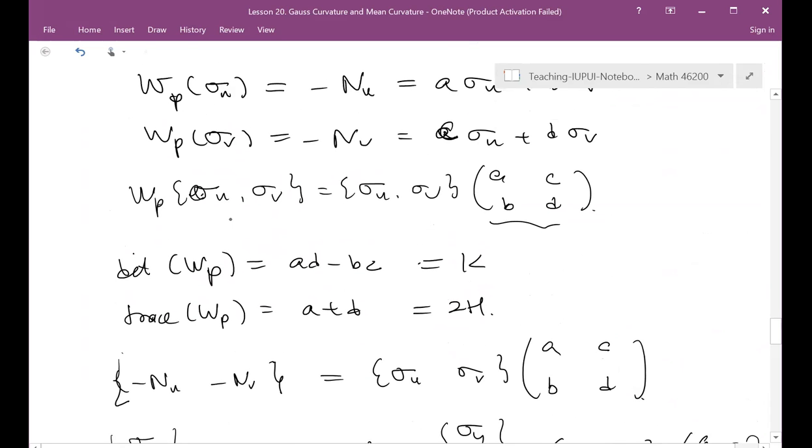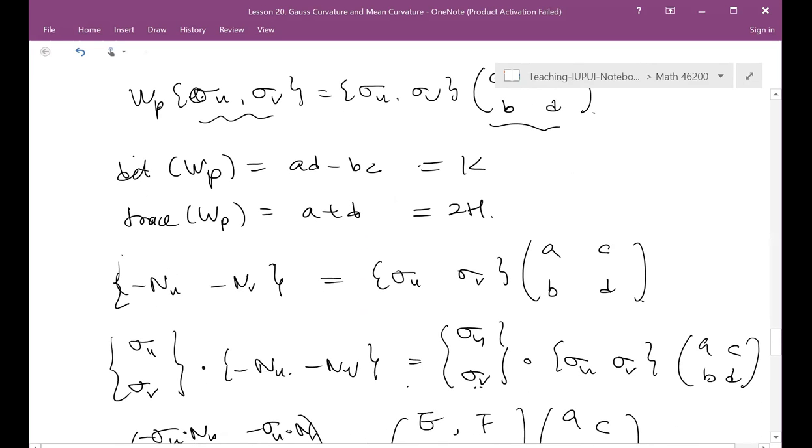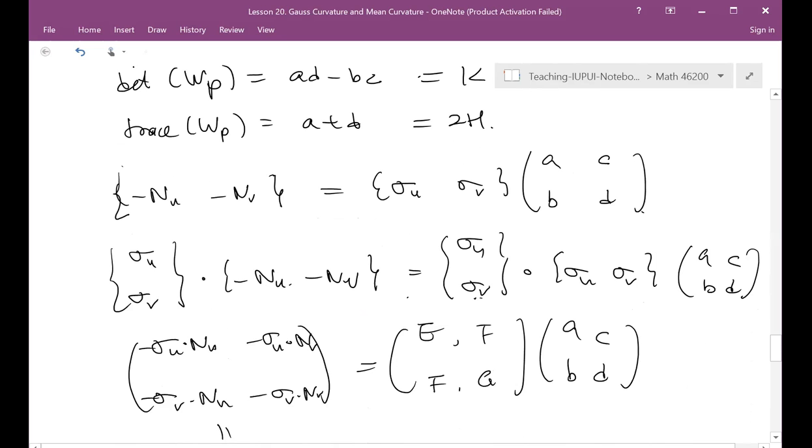With respect to this natural basis, I get a matrix for the Weingarten map, and that matrix has eigenvalues, but we don't compute the eigenvalues directly. We just compute the determinant and the trace of the matrix, and we can express it in terms of L, M, N and E, F, G.